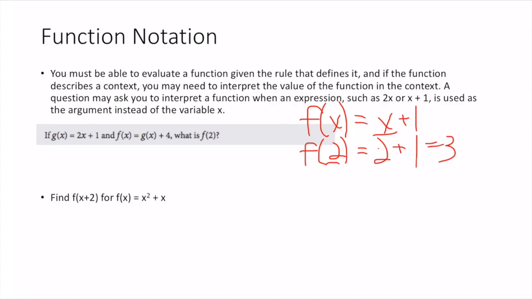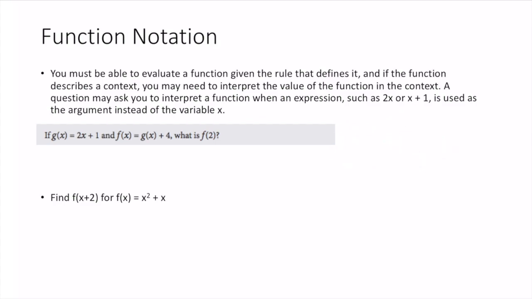Okay? So they will ask us to do the same things, except now, instead of plugging in a 2, we might have to plug in a whole other equation. So this example is, if g at x equals 2x plus 1, and f at x equals g at x plus 4, what is f at 2?